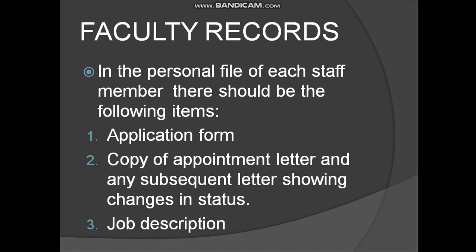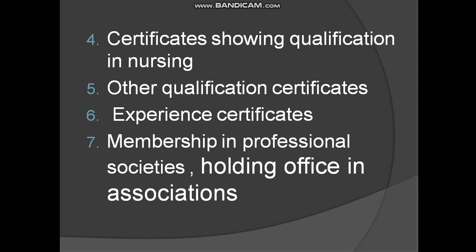Then faculty records. In the personal file of each staff member in the college there should be the following items: application form of the faculty, then copy of appointment letter and any subsequent letter showing changes in the status, job description, then certificates showing qualification in nursing, BSc or MSc, then other qualification certificates, any other degrees, then experience certificates, if the faculty has worked in other hospitals or other nursing schools or other places.